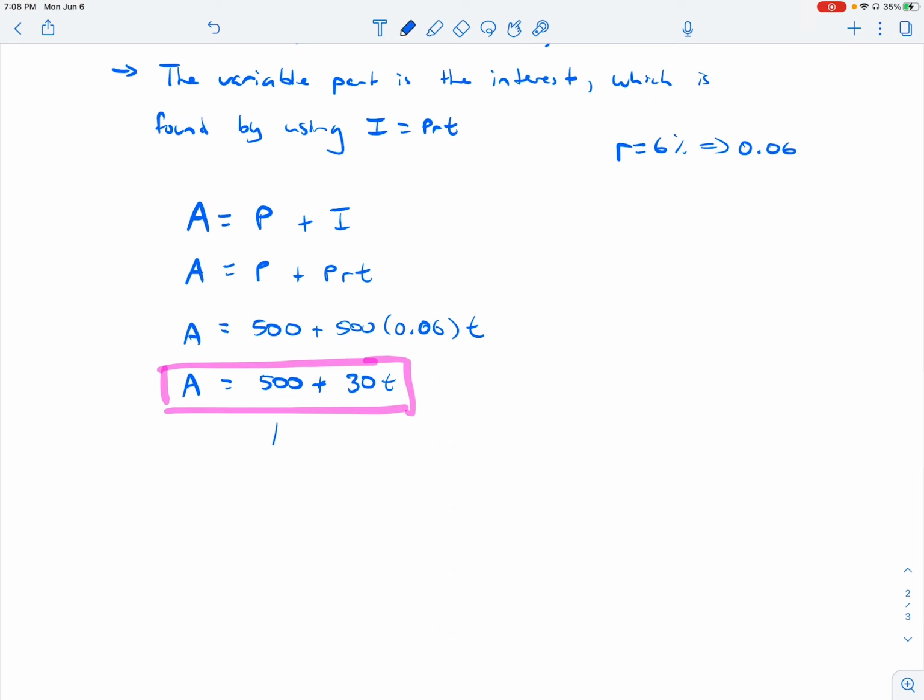So that part is actually the y-intercept, which kind of makes sense. It's the principal. It's the initial amount, also known as the principal.